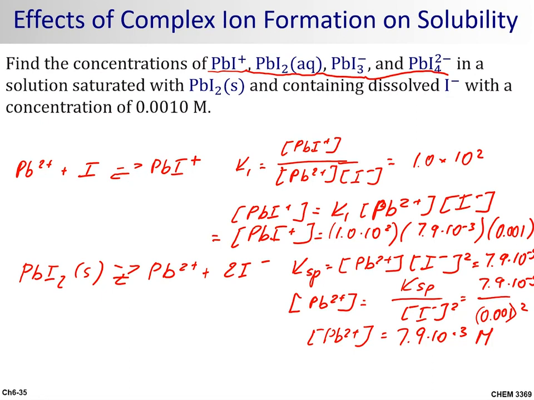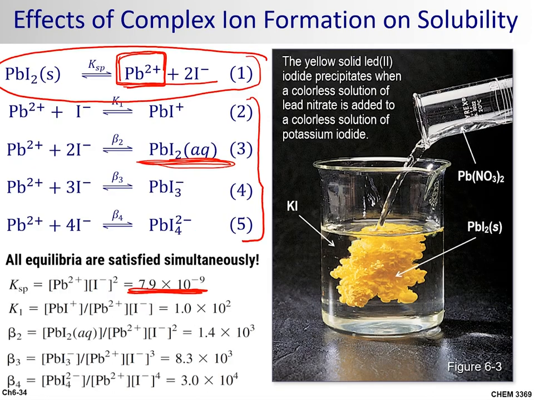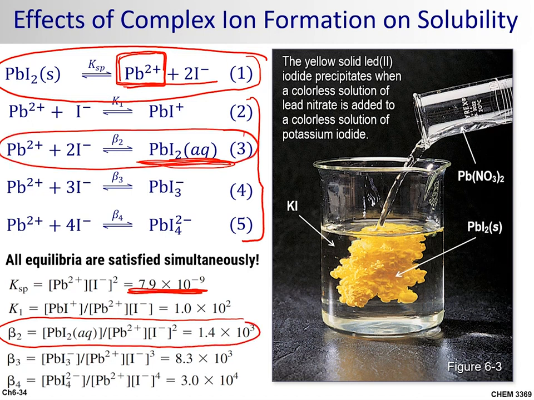So this concentration should be 7.9 times 10 to the negative fourth molar. So we're just playing with the equilibria. Now, if you want to calculate the concentration of the ion pair PbI2, you would use this equilibrium.